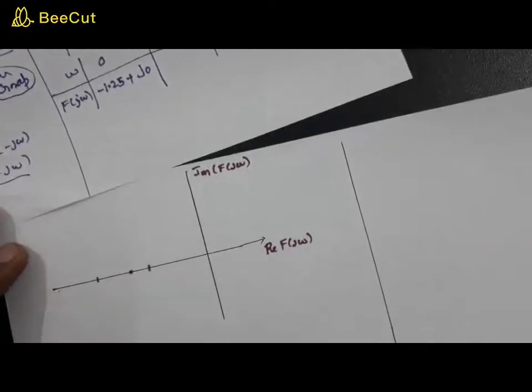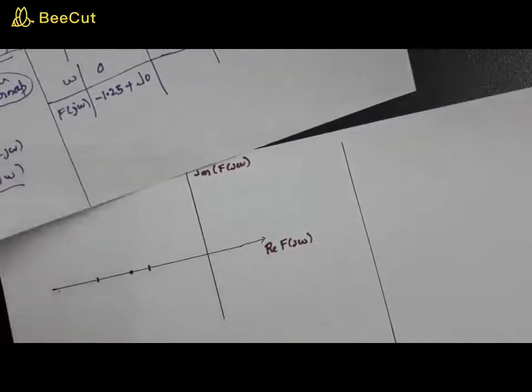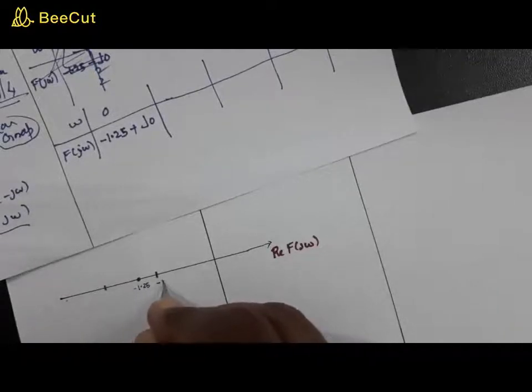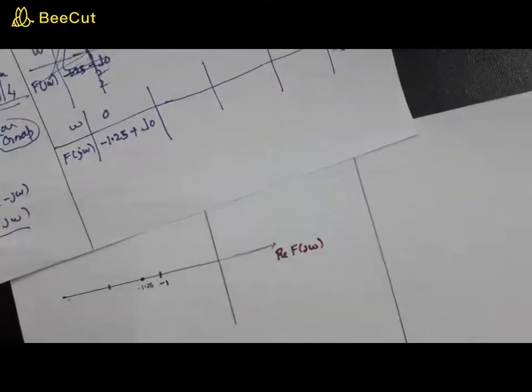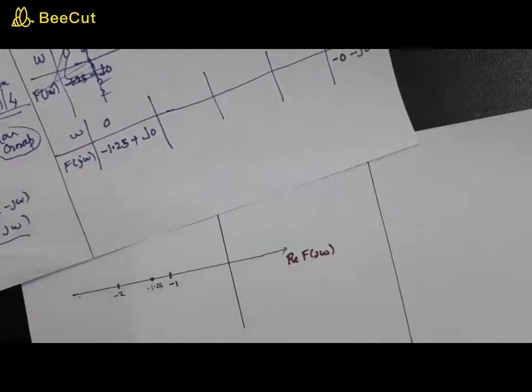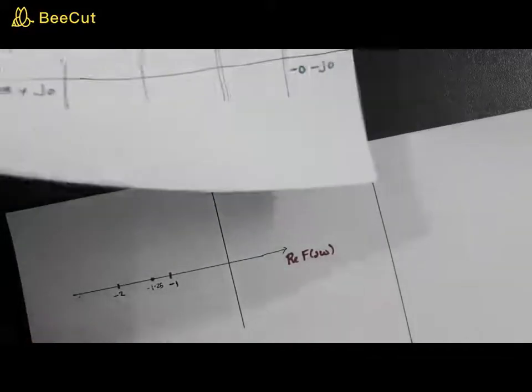So this is a point corresponding to minus 1.25. This is your minus 1 point, which is very important, and this is minus 2. Now I am going to start plotting.